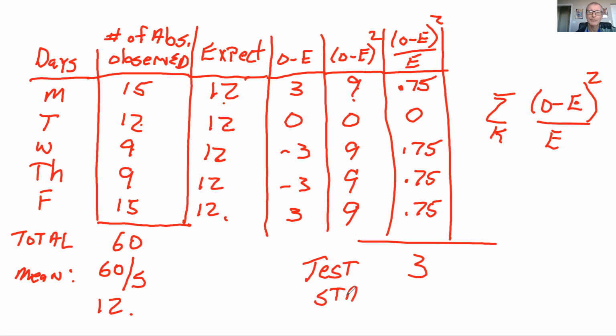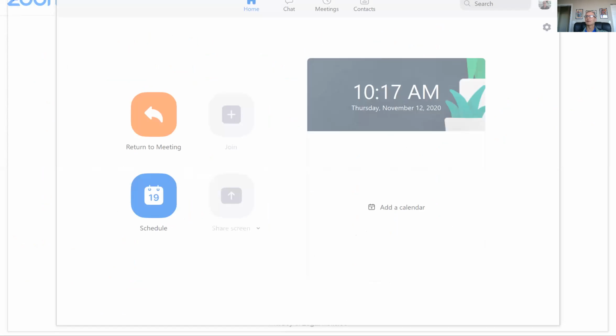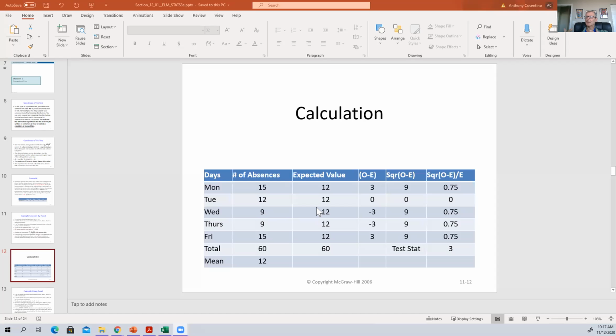is the number 3. So what I've done here is shown an Excel version of the table I just did on the whiteboard, and you could see all the different steps in the calculation.